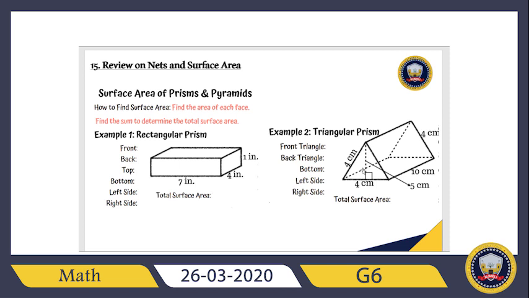Instead of opening and drawing the nets, you can imagine the net in your head, or find the front triangle area, the back triangle area, which is from behind, you cannot see it here, and the bottom area, the left side from here, and the right side, which is this one.